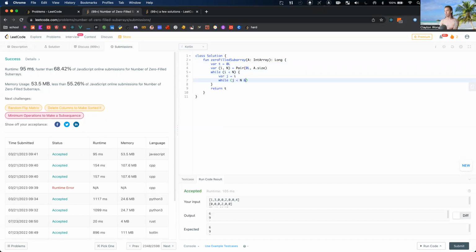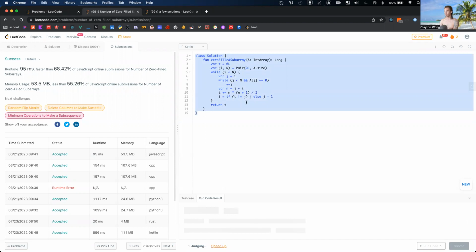While j is less than n and a sub j is equal to 0, increment j. n is the distance, the cardinality of the run of zeros. t plus equals n times n plus 1 by 2. And then i equals j if i does not equal j, otherwise j plus 1.